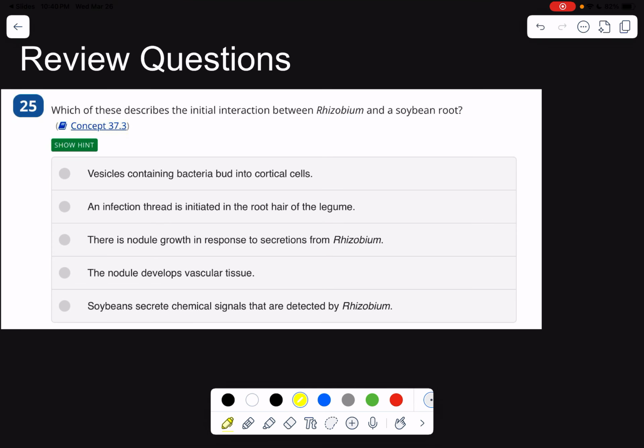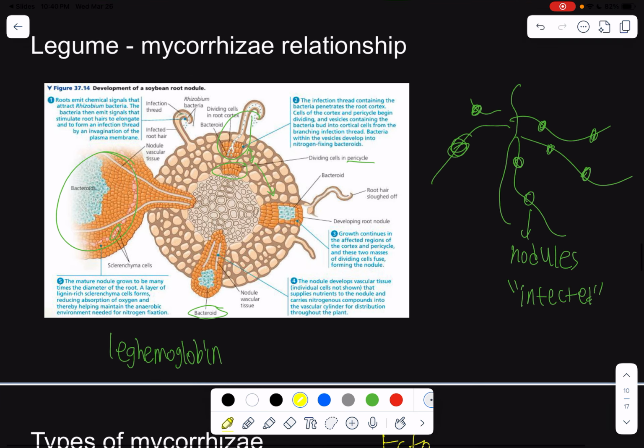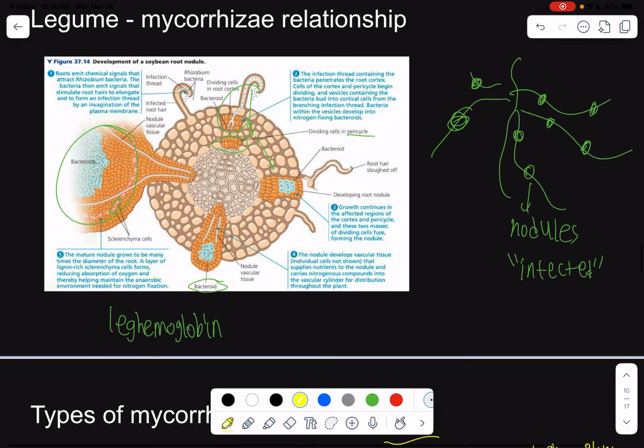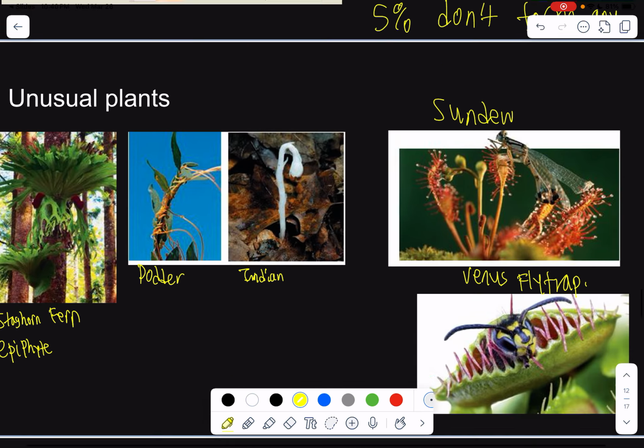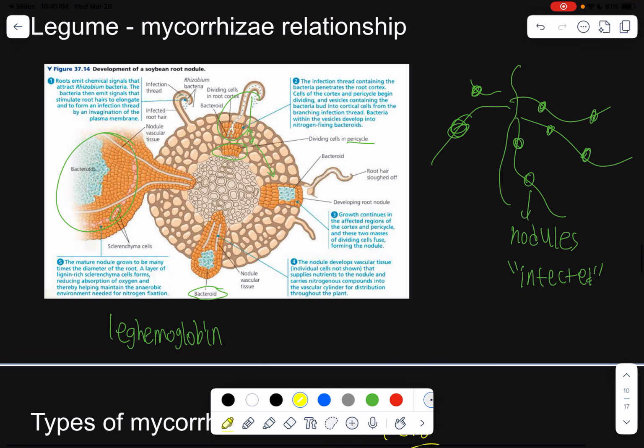Vesicles containing bacteria bud into cortical cells. This only happens in step 2, so that shouldn't be the initial interaction. An infection thread is initiated in the root hair of the legume. Let's look. Roots emit chemical signals that stimulate root hairs to form an infection thread.